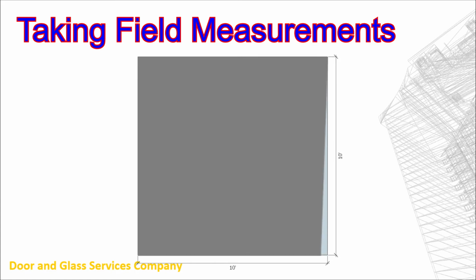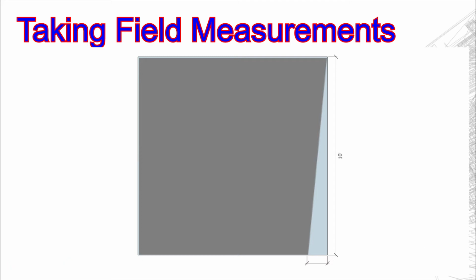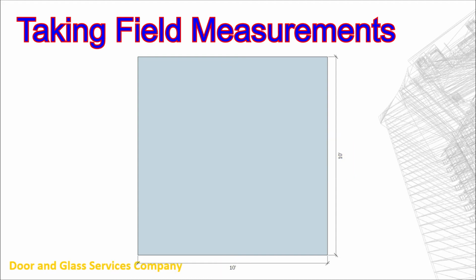And when we collect out of square dimensions, really what we're doing is we're not going to just assume that all of our dimensions correspond perfectly with plumb and level reference lines. We're going to actually measure the divergence from those reference lines in addition to the measurements of the thing that we're measuring. And that's really how simple it is.